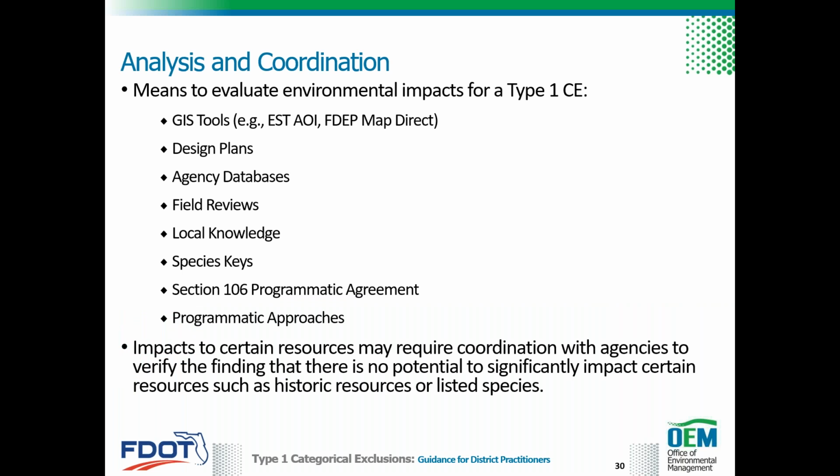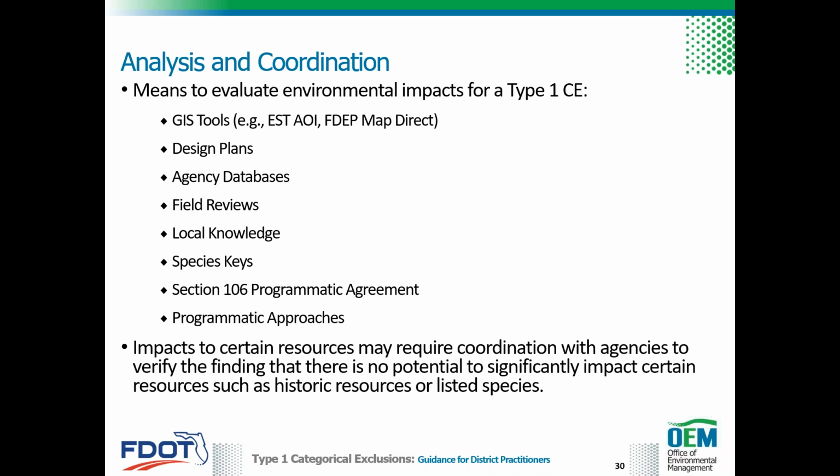There's a variety of means to evaluate environmental impacts for Type 1 CEs. These include GIS tools such as the Environmental Screening Tool, or EST, the Area of Interest tool, and resources from other agencies. Other tools include design plans, agency databases, and field reviews.